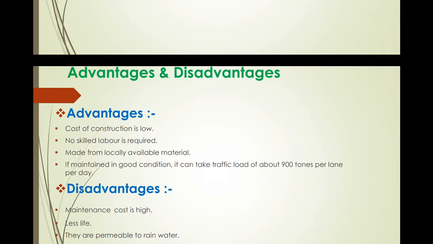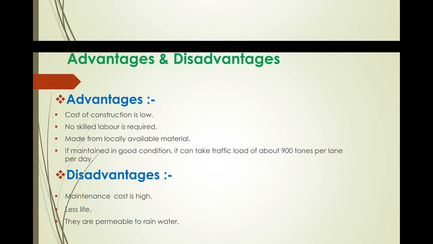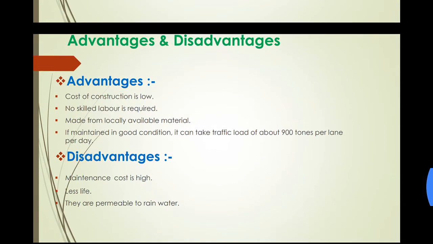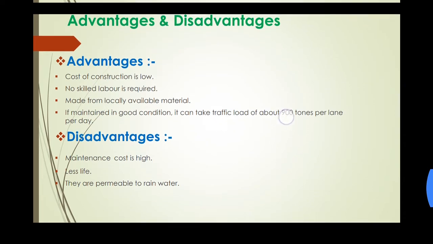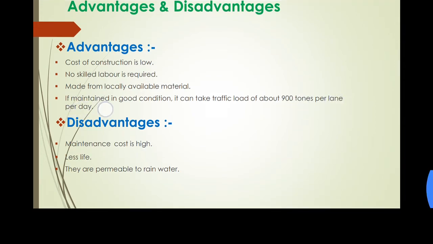It can be made in quick time, no skilled labor is required in this type of construction, and it is made from locally available material. The aggregate and the screenings are normally obtained from the local quarries. If maintained in a good condition, it can take traffic load of about 900 tons per lane per day.